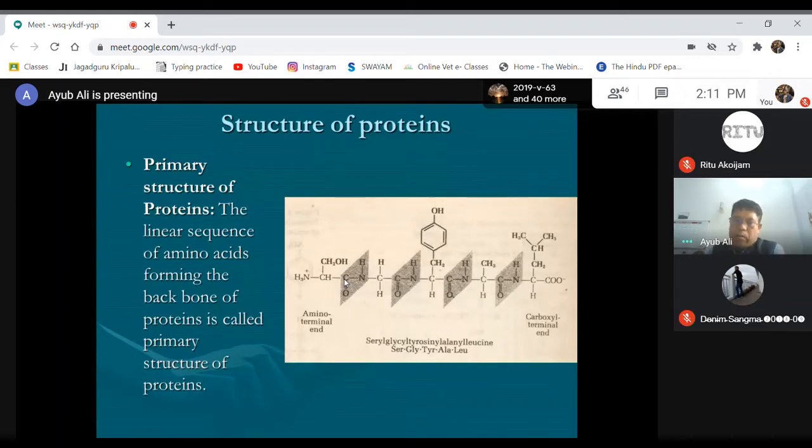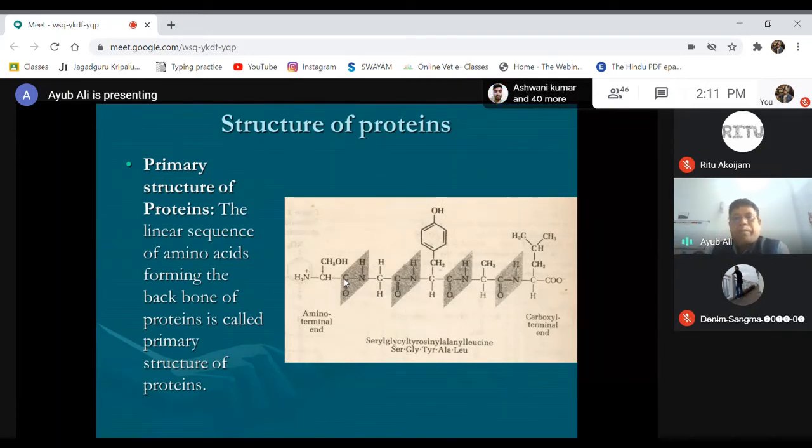This arrangement of the amino acids in this protein is called the primary structure. So simply, you can say that primary structure is the way in which the amino acids are arranged in the sequence in the protein molecule.